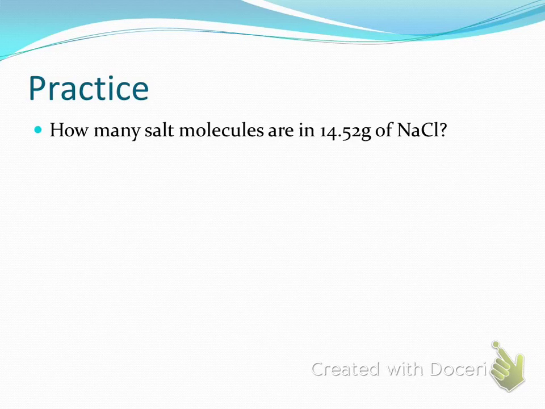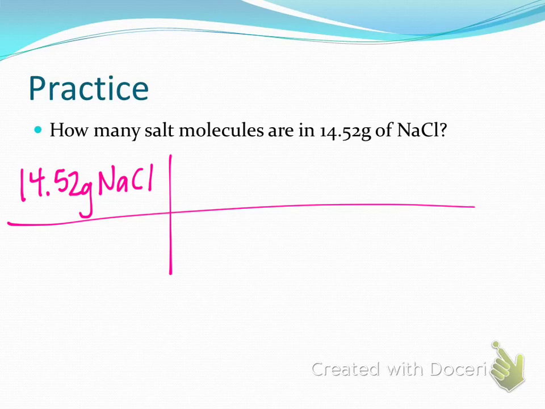So let's look at the math here. The first thing we do is plug in what we know. Okay, and then we make our T. Can we go directly from grams to molecules? No, we need to go grams to moles.